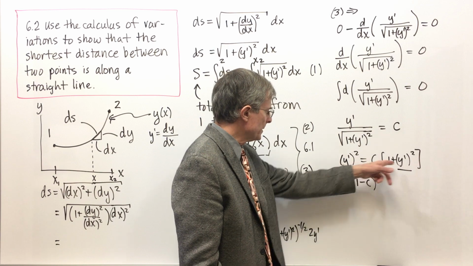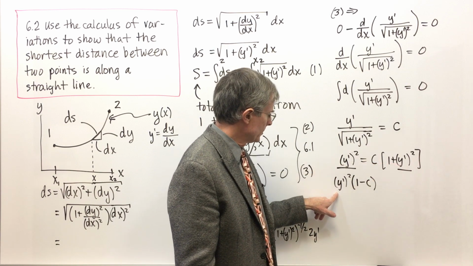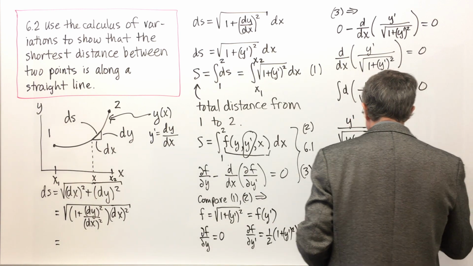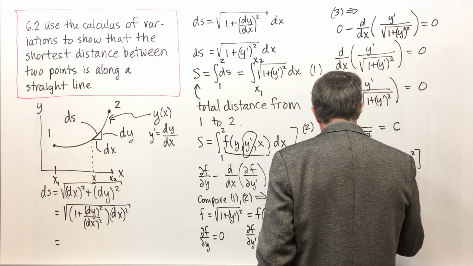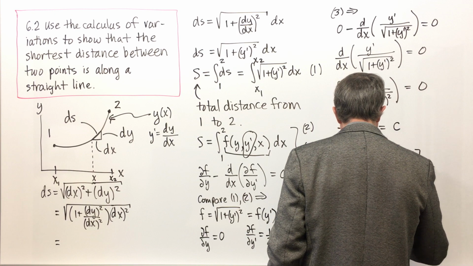And on the left side, it'd just be y prime squared with a minus sign c, and so that just ends up being this term here. And that's all equal to c. And then finally, y prime quantity squared equals c over 1 minus c.